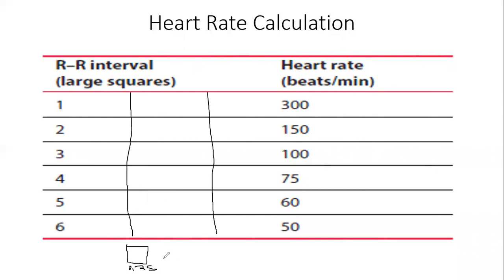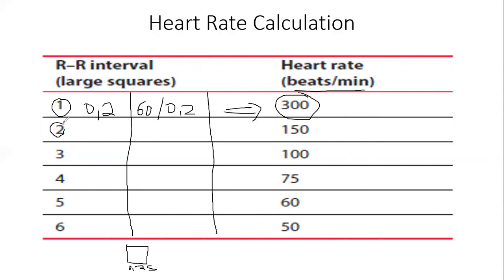Now, we need to convert that into a heart rate in terms of beats per minute. If there's only one square, it means we only have that one 0.2 seconds, right? To convert that, you're simply going to say 60 seconds divided by 0.2. It's going to give you a heart rate of 300 beats per minute.